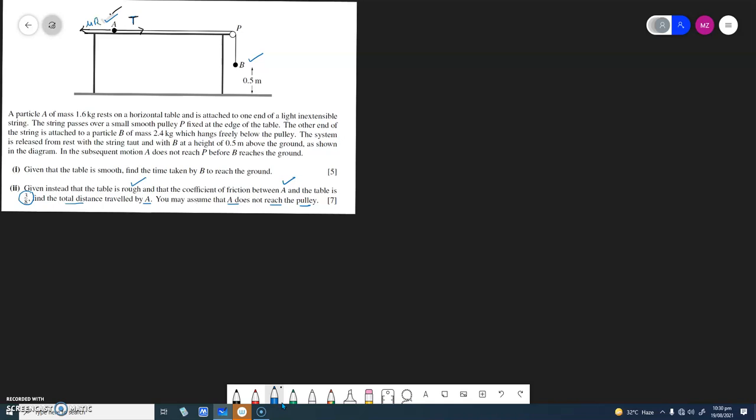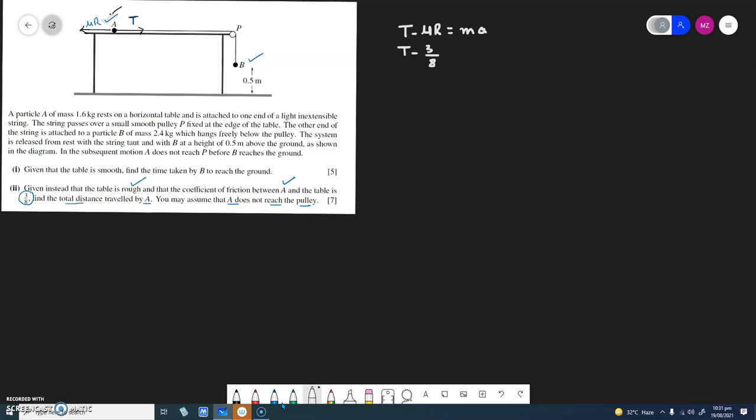So the resultant force on the particle A will be equal to T minus mu R, and according to Newton's second law of motion that will be equal to ma. Now mu is given, it is 3/8, and R is equal to the weight, and the mass is 1.6, so multiplying 1.6 with 10 it will become 16.